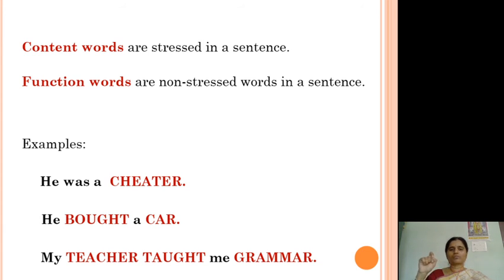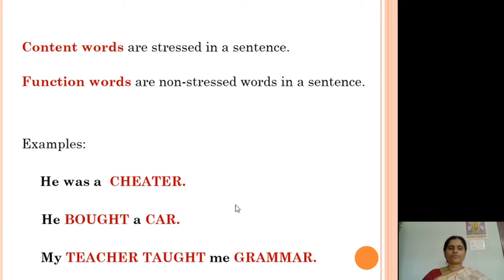So teacher, taught, grammar, these are the content words. My is a function word, and me is a function word. My teacher taught me grammar. So these content words are to be stressed a little while we are speaking.